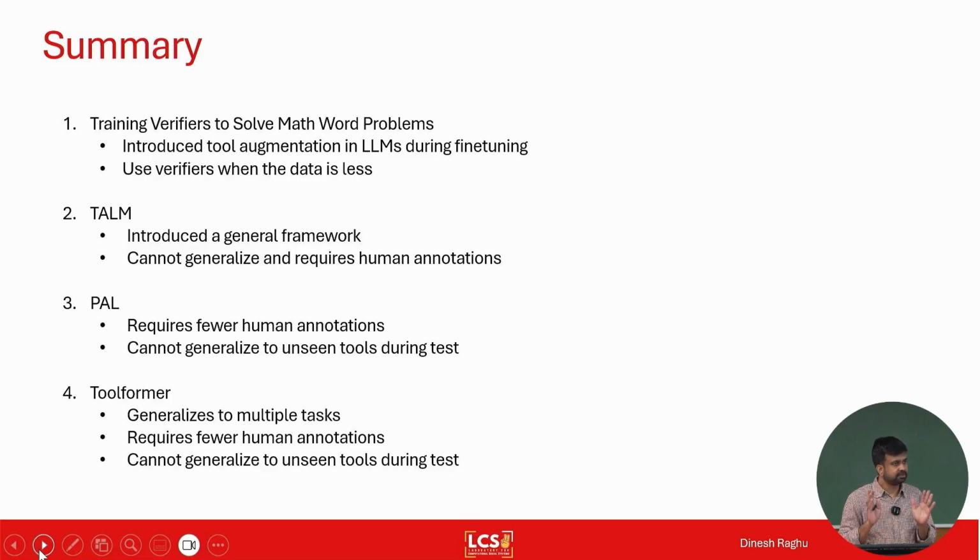And again, the biggest problem still lies, which is that all these techniques cannot generalize to tools that are unseen during training. The GPT folks at that point in time might have already trained for search and calculator and things, and so they would be able to do a good job there. But still, if you want to develop your own agentic autonomous system using APIs that are available to you, you still don't know how to do it, right?